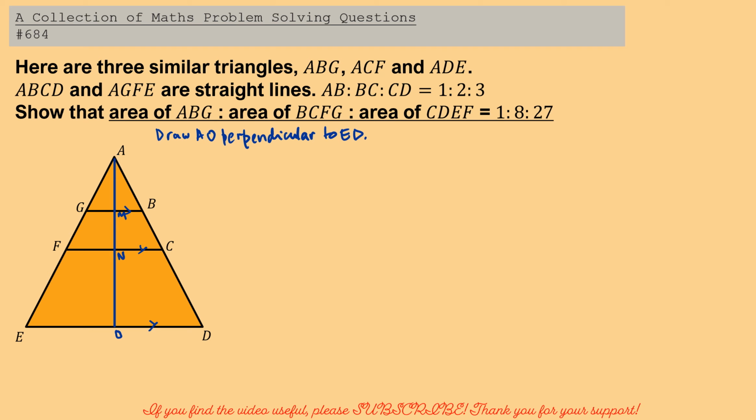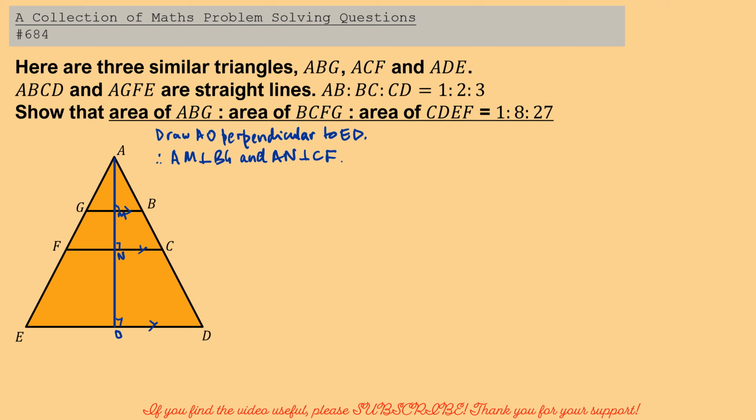So that would mean that therefore AM, as I was saying before, is perpendicular to BG and AN is perpendicular to CF. Okay, and of course AO is perpendicular to ED, so all these are perpendiculars.